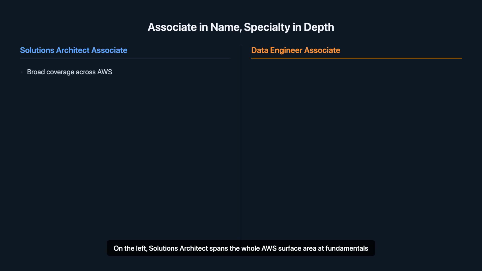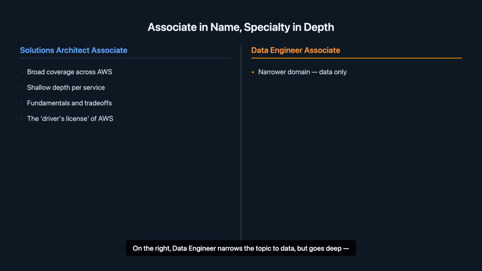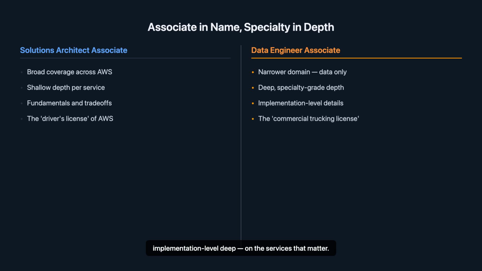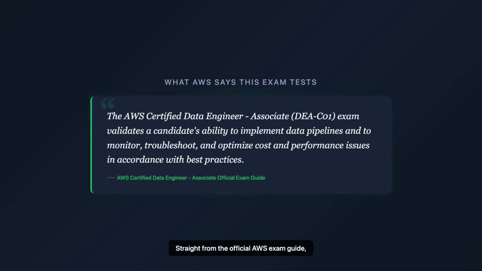On the left, Solutions Architect spans the whole Amazon Web Services surface area at fundamentals depth. On the right, Data Engineer narrows the topic to data, but goes deep, implementation level deep, on the services that matter.